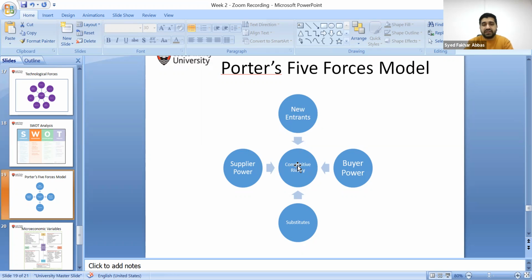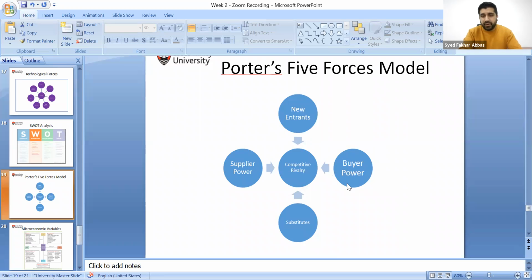New entrants are a threat for all existing companies. Then buyer's power: all businesses analyze the buyer's power.